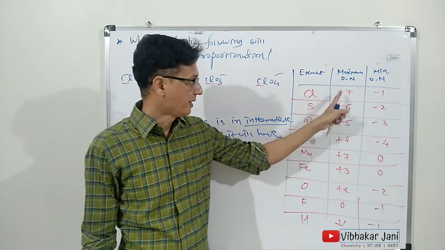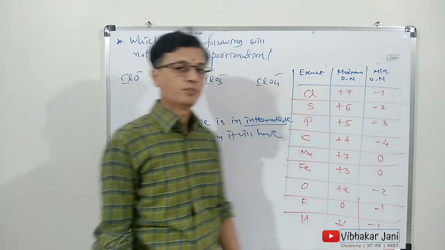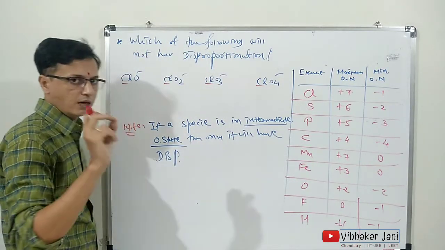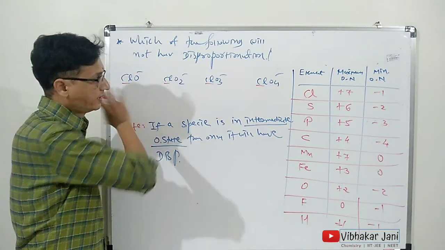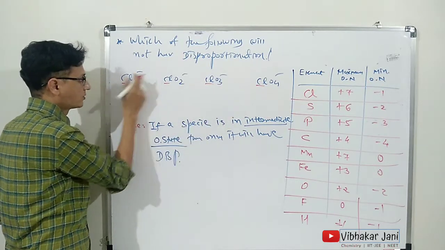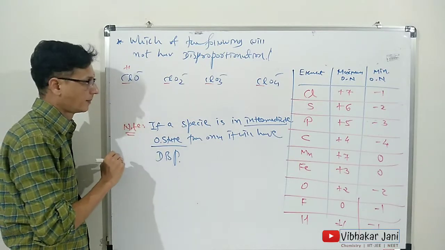And if it is having either +7 or -1, then disproportionation will not be seen. Okay, so check it out. Now I am going to write directly the oxidation state of chlorine in all these species. -2, +2, -1. That means this chlorine is in +1 oxidation state.